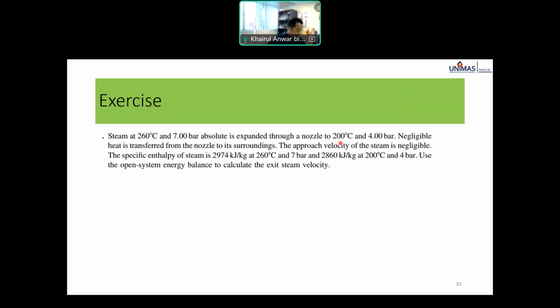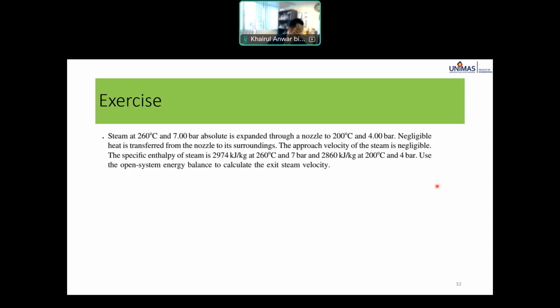In this equation there is the kinetic energy term, u2 squared minus u1 squared. In this case, u1 for the inlet is 0, so the approach velocity of the steam is negligible.